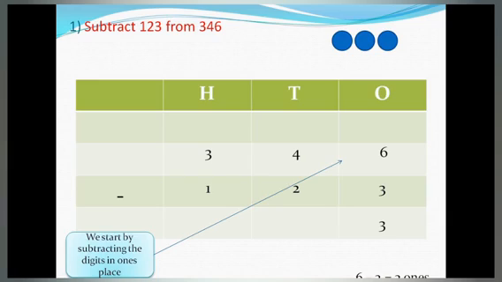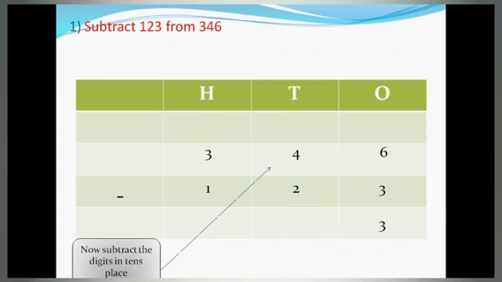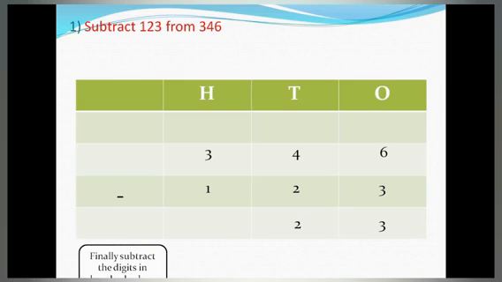Now subtract the digits in tens place. Here 4 is greater than 2. Therefore 4 tens minus 2 tens is equal to 2 tens. We write 2 under the tens column. Finally, subtract the digit in hundreds column.